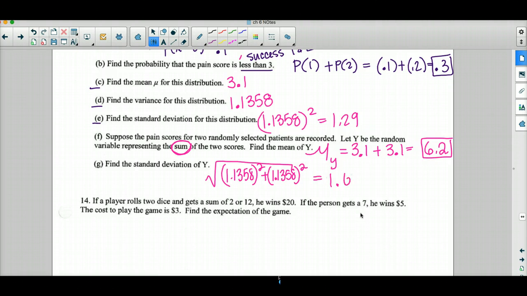So that's 1.606. So did the standard deviation increase or decrease when I put more patients in the mix? Did it increase or decrease? Increased.